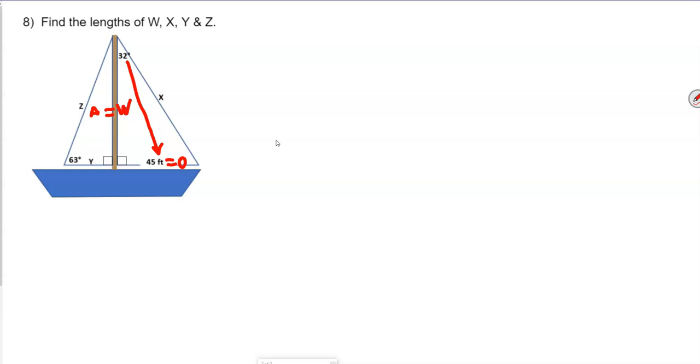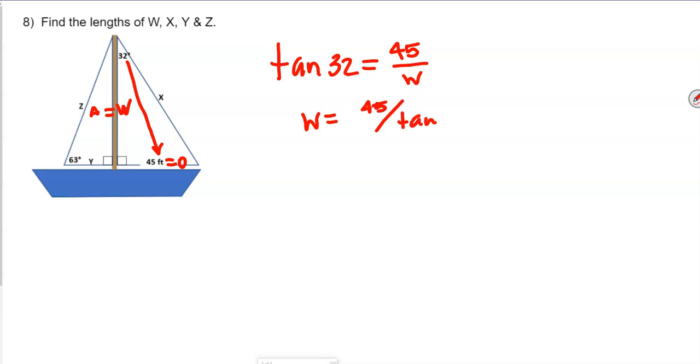So let's find W first. So this is going to be tangent, right? So this is the tangent of the 32 is equal to our opposite, which is 45, over our W. What do we do here again? Switch places, right? So W is equal to 45 divided by the tangent of 32. So W is going to be equal to 72 feet.